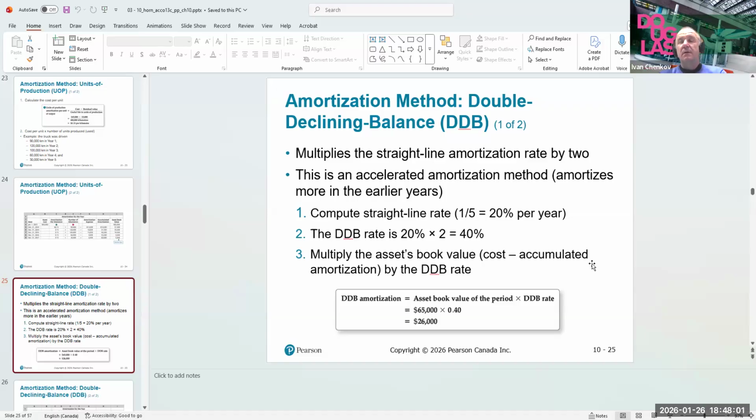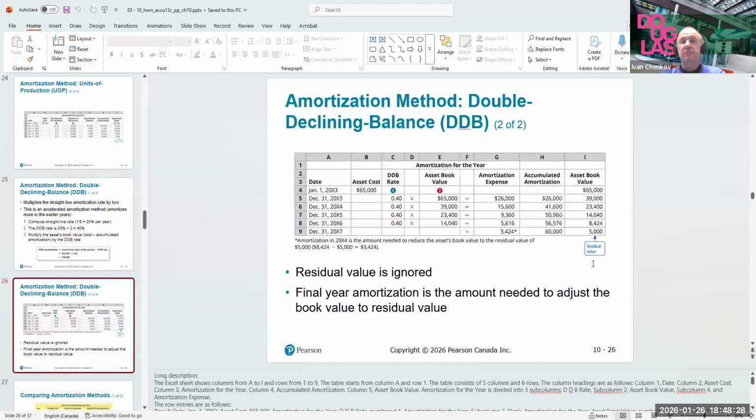Then we're going to increase it by doubling the rate. Double means whatever the percentage we get as a calculation, 1 divided by number of years, we're going to multiply it by 2, and that's going to give us a new percentage. And we're going to start multiplying that percentage to the original cost until we reach residual value.